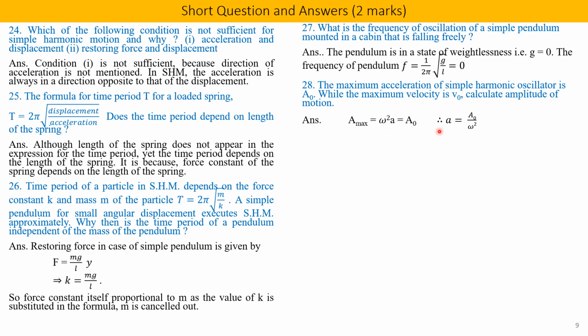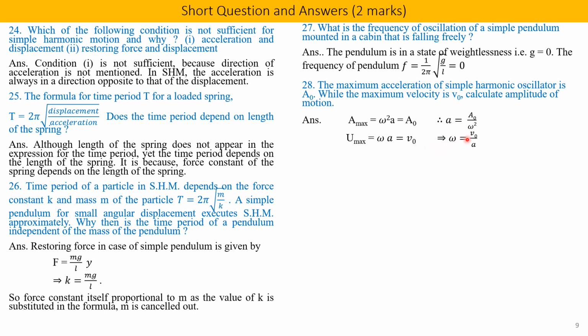So, A0 is equal to omega squared a. The maximum velocity is omega into a, that is given as v0.